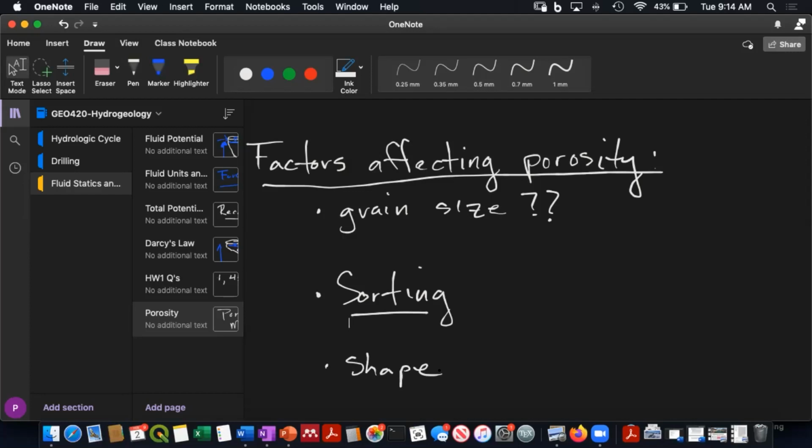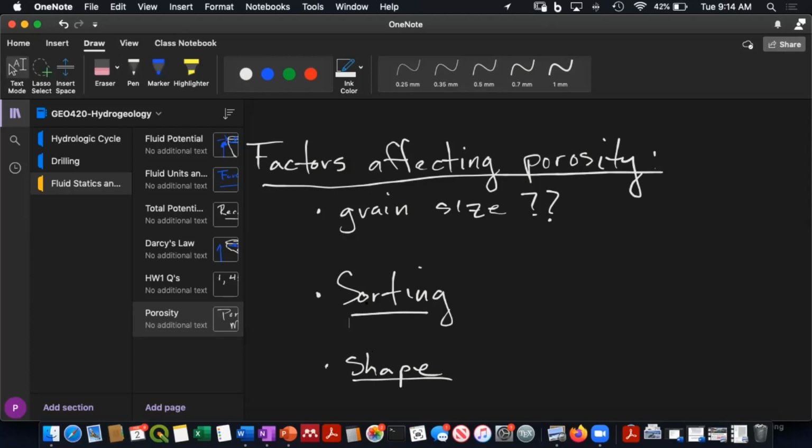But for sure, the shape of the grain determines how they can stack together, right? Depending on whether they're spheres or plates or really angular, they're going to be able to stack together better. So shape is important.